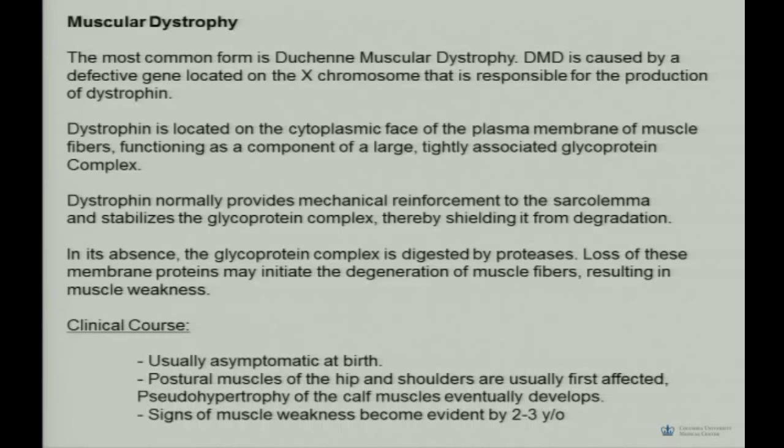It sort of stabilizes the muscle cell. So for folks with Duchenne's muscular dystrophy, the mutation in that dystrophin gene produces an abnormal dystrophin protein and results in a lack of anchoring and lack of stabilization of the skeletal muscle cells.